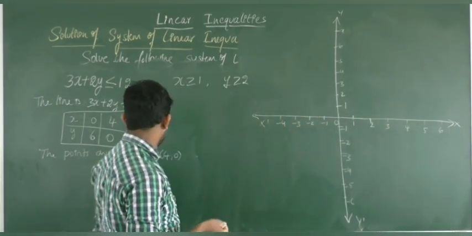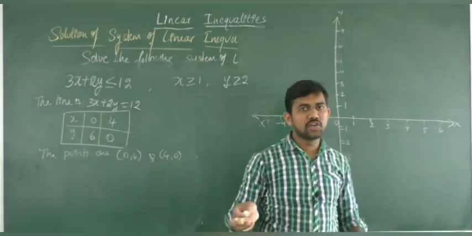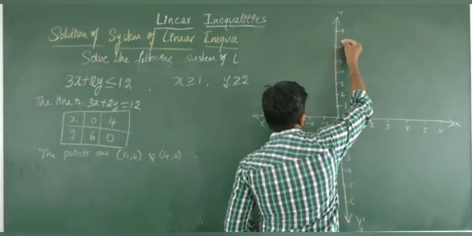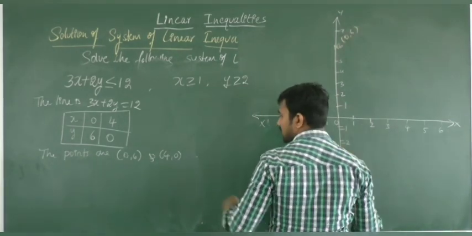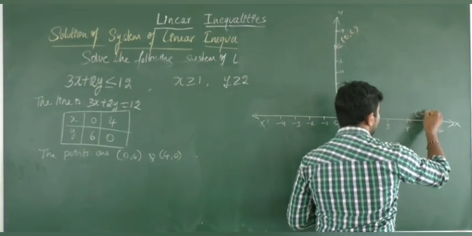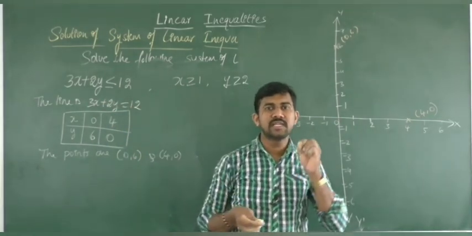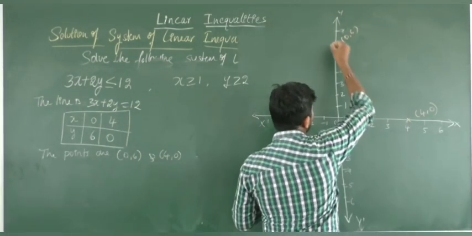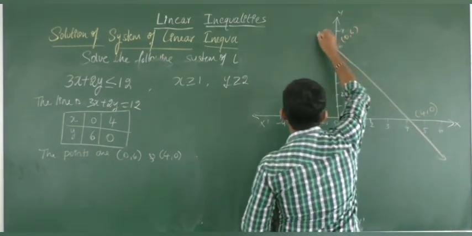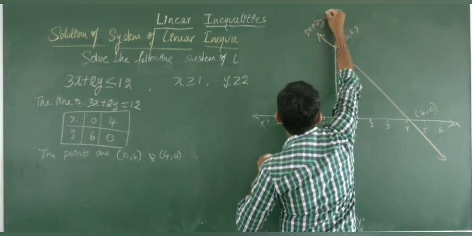Now observe here, the points are 0, 6 and 4, 0. 0, 6 comes on the y-axis, so we can observe the point 6 with the coordinates 0, 6, and the point 4 on the x-axis, with the coordinates 4, 0. Now, since the given inequation is a slack inequation, join the points by using a thick line. So we got the line 3x plus 2y is equal to 12.